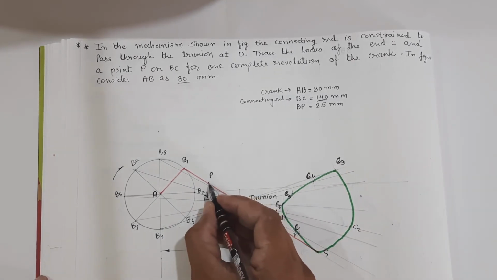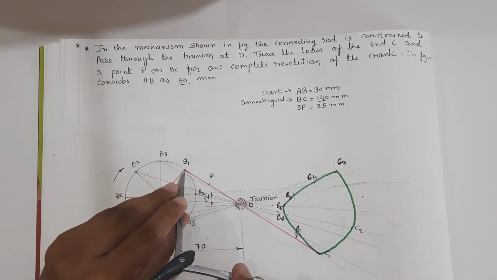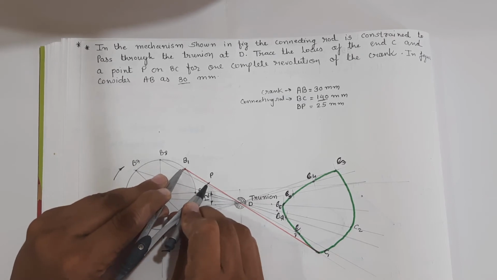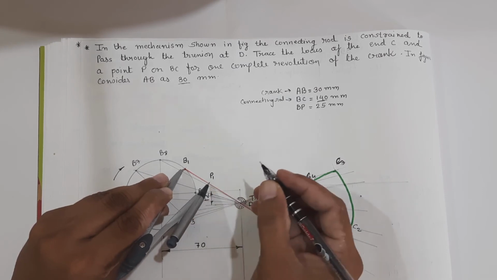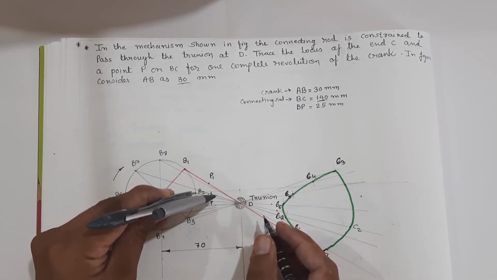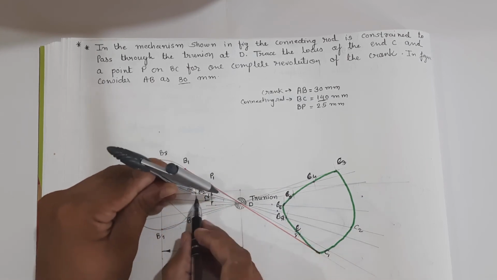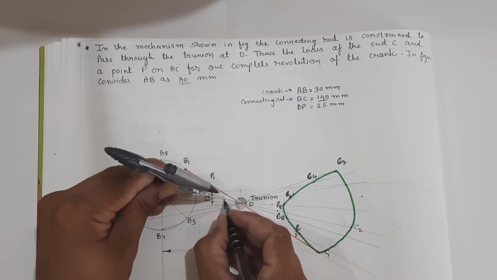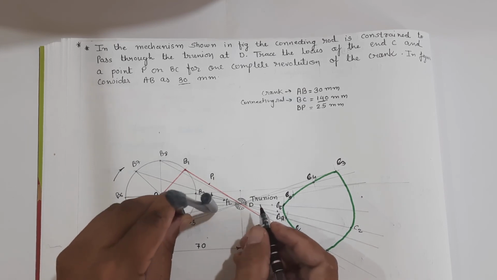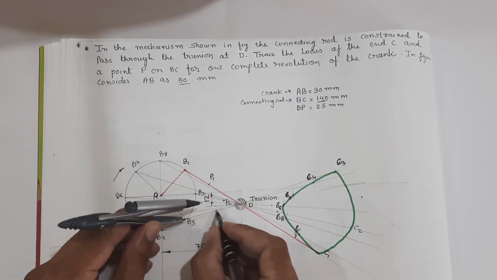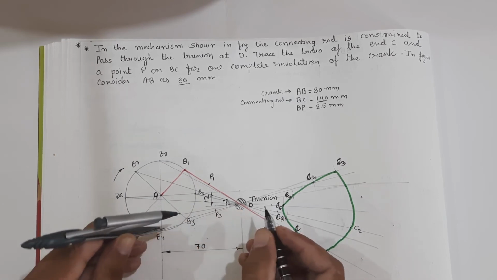Now we have to draw the locus of P also. So for that, measure B to P, and let us say that this point is P1. Put your compass on B2, give an arc on the line B2 C2. So this will be P2. On B3, over here, this will be P3 point.